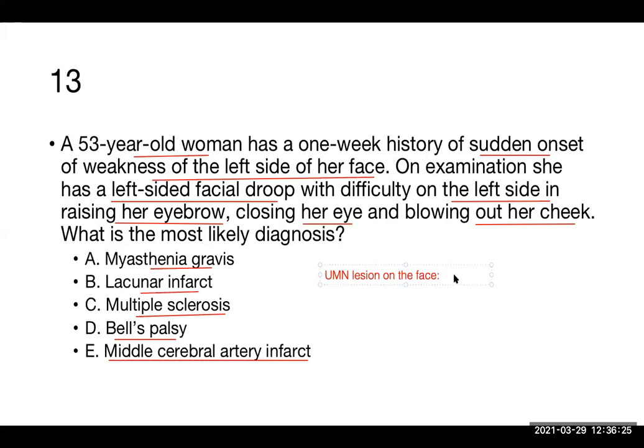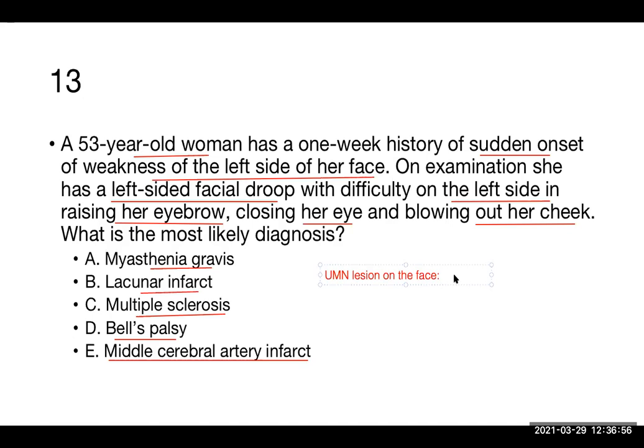Because in an upper motor neuron lesion, those corticonuclear fibers, remember, we just talked about them, supply the bilateral facial nerve nuclei. They supply both facial nerve nuclei. As a result of that, only the opposite lower half of the face is affected in case of upper motor neuron lesion.